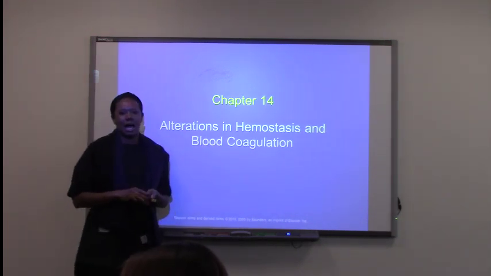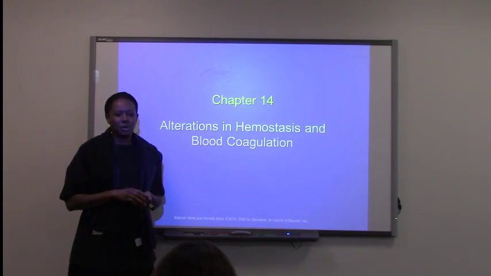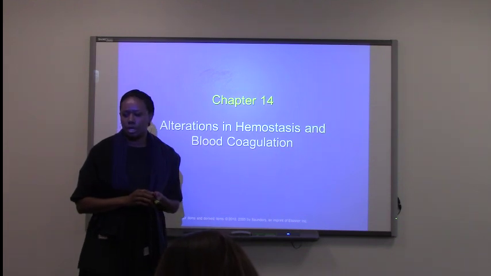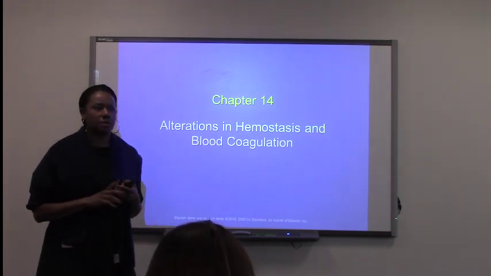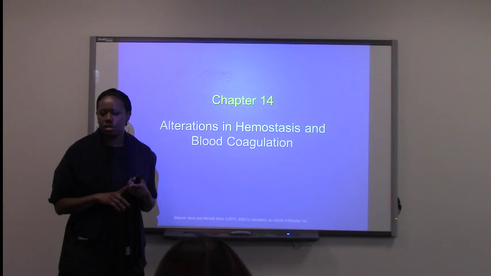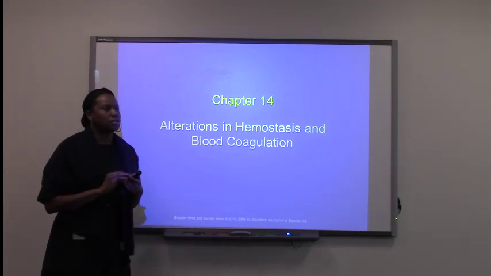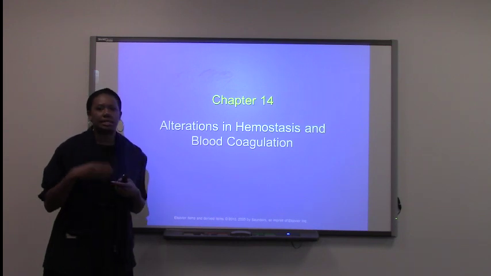Okay, so we will start with chapter 14. Now, chapter 14 goes over pretty much all different types of hematologic issues, such as blood coagulation, blood flow issues, when patients have an issue with excess bleeding.